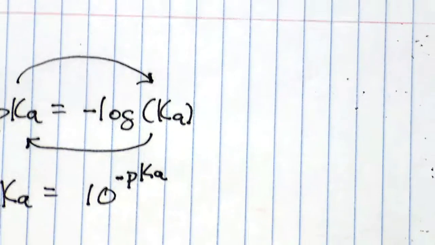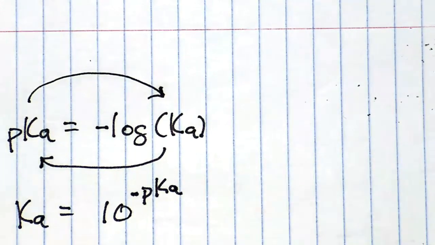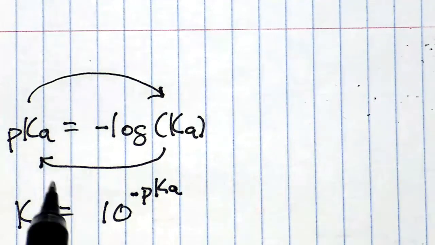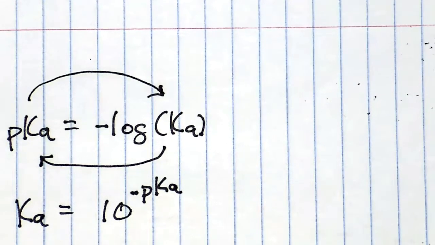This is just math, and then realize also that pKa and Ka are measurements of acidity. They're numbers that we attach to a specific acid. In this case, we can attach it to an amino acid, and it tells you how well that amino acid gives off a proton.